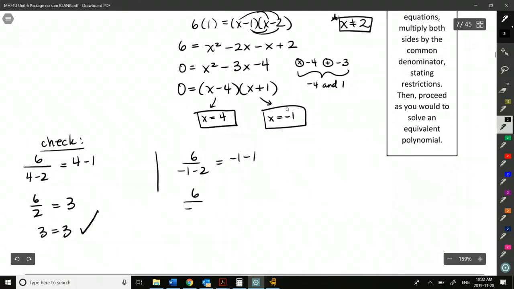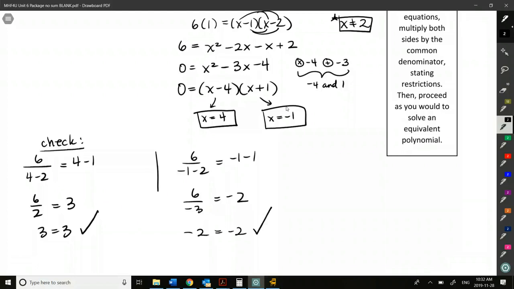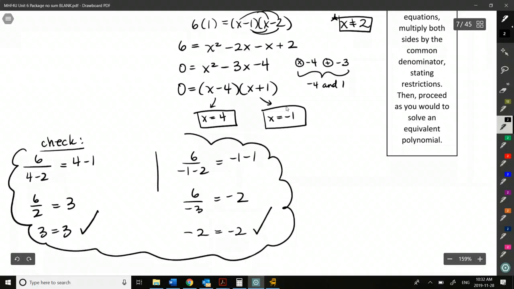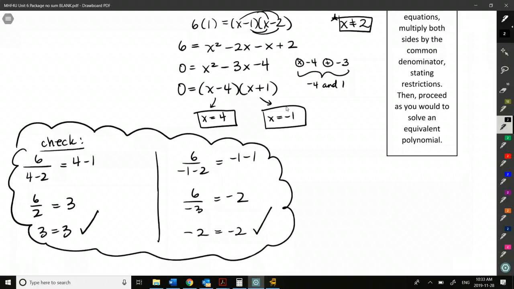And then we have 6 divided by negative 2, or negative 3, equals negative 3, and I get left side equals right side. So these solutions must be correct. You can always know whether your answers are correct by subbing them back into your equation to double check.